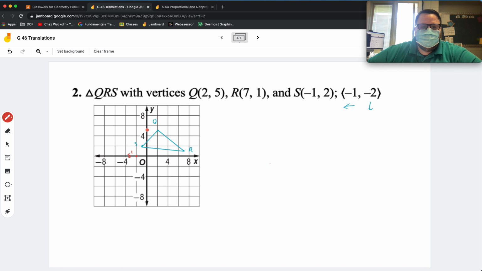Q, left 1, down 2. So Q prime is going to be right there in the middle. R, left 1, down 2. So that is R prime. Then I draw my lines again, holding down the shift key.